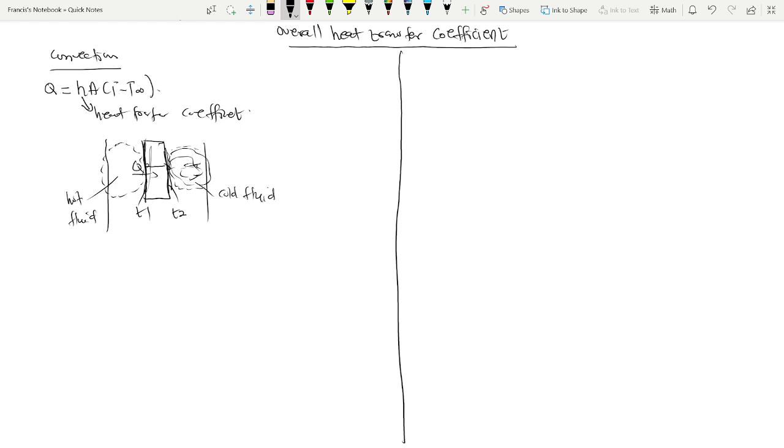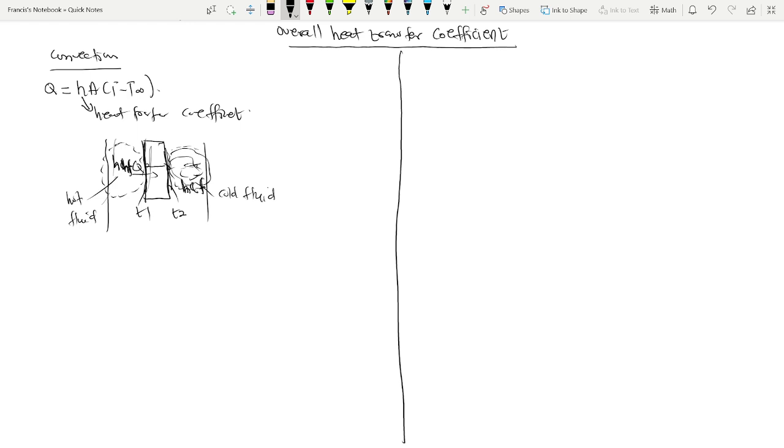And then our heat transfer coefficient, because we know the heat transfer from the hot fluid to the surface will be by convection, so we should have a heat transfer coefficient here. Let's say hHF, to represent heat transfer of the hot fluid. And let's call this part hCF, heat transfer by the cold fluid.